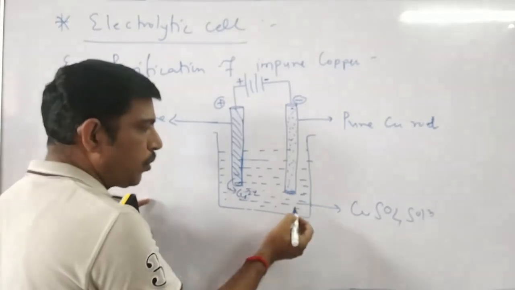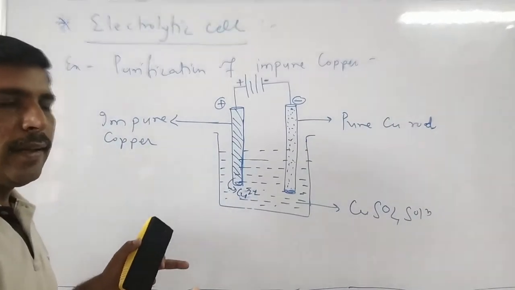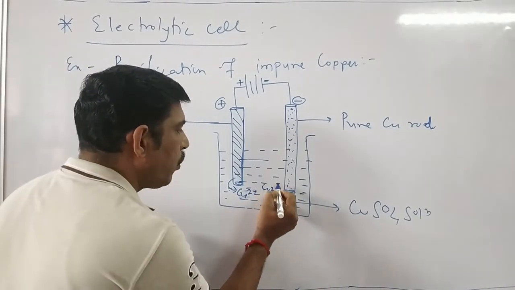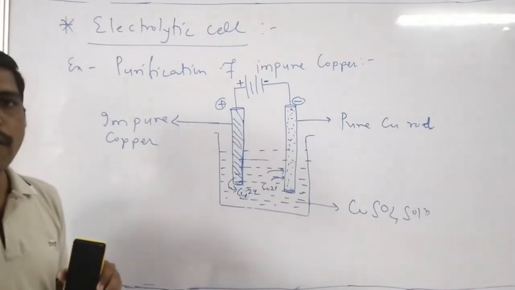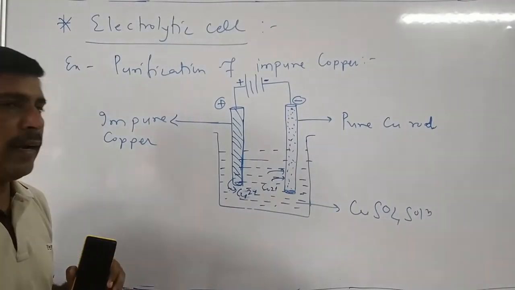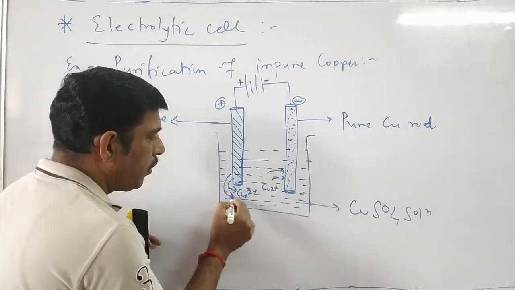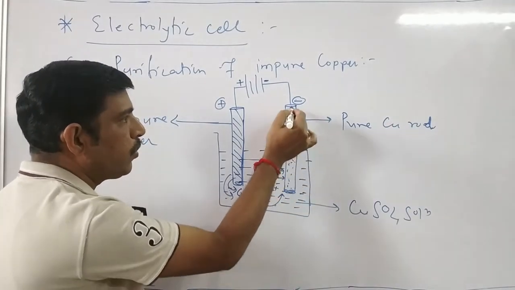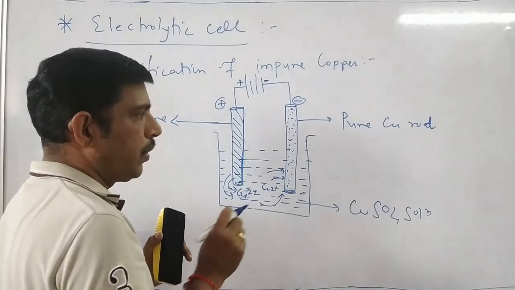More copper ions are also produced by the decomposition of copper sulfate into copper ions and sulfate ions. All these copper ions, which are positively charged particles, try to deposit toward the negatively charged electrode, the actual source of electrons, which is our pure copper rod.